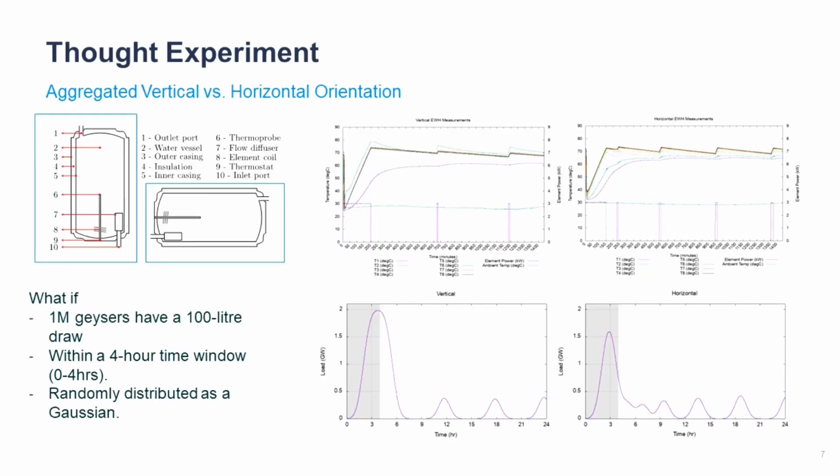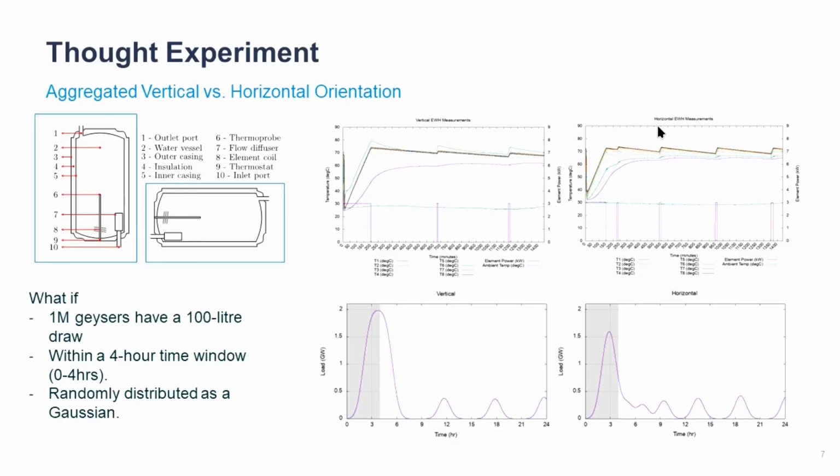This is in vertical orientation, and you can see that as hot water is drawn out of the tank, the element replaces energy in one large event, and then the element switches off, and you move into what's called standing losses, which is the stabilized system that has reached its equilibrium and is now just operating on standing losses.